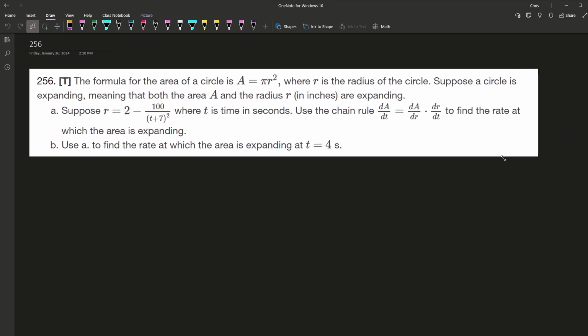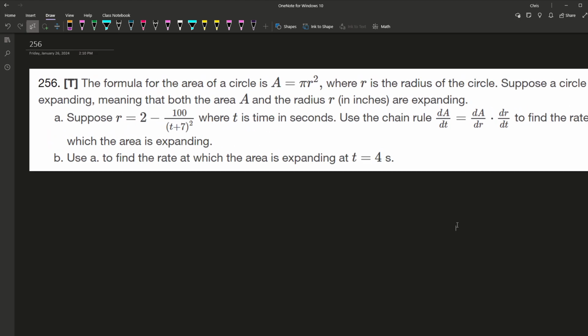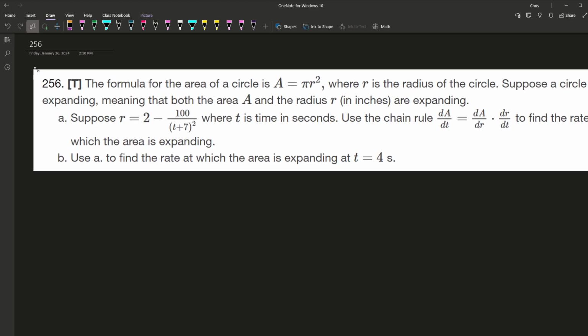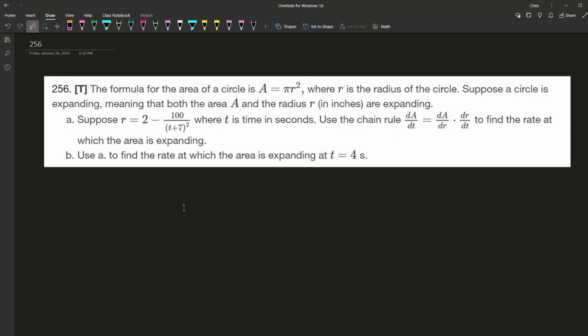And our next problem is question 256. The formula for the area of a circle is A equals pi r squared, where r is the radius of the circle. Suppose the circle is expanding, meaning that both the area A and the radius r are expanding.